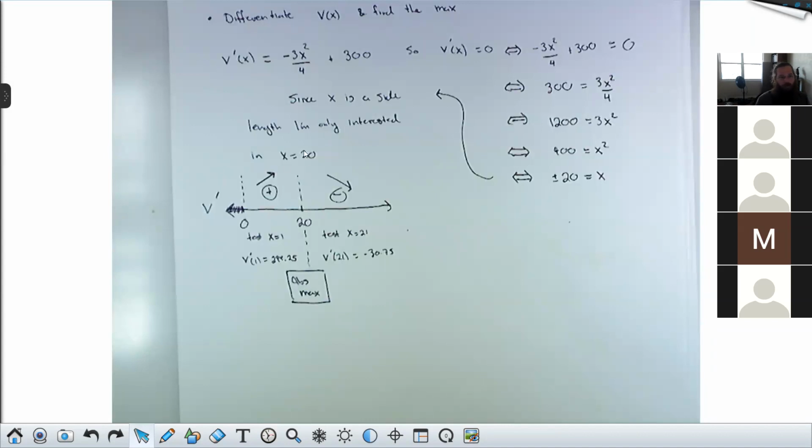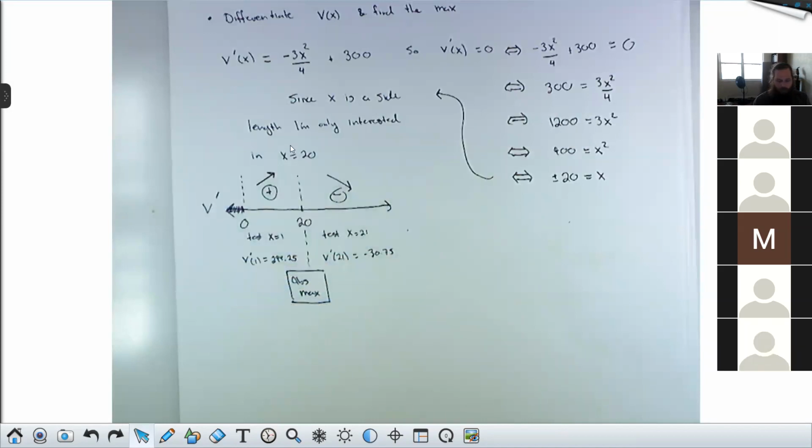But if you wanted to make sure that x equals 20 was the absolute max, you would need to plug every real number, not just every whole number, into the original function. And there are infinitely many real numbers, infinitely many between 19 and 20. I would die long before completing even a fraction of the work needed to verify it that way. So this is not difficult, and it really is the best way to proceed here.